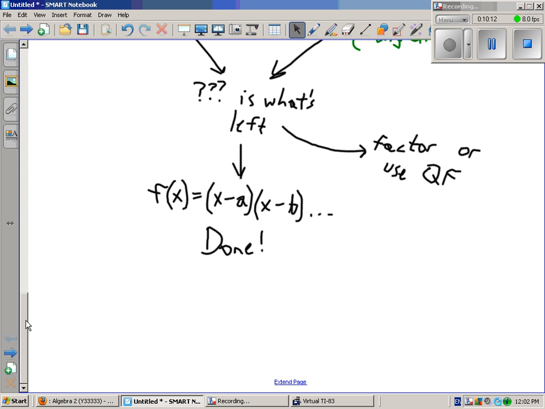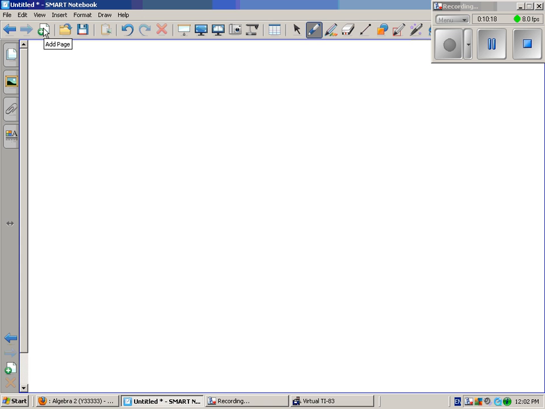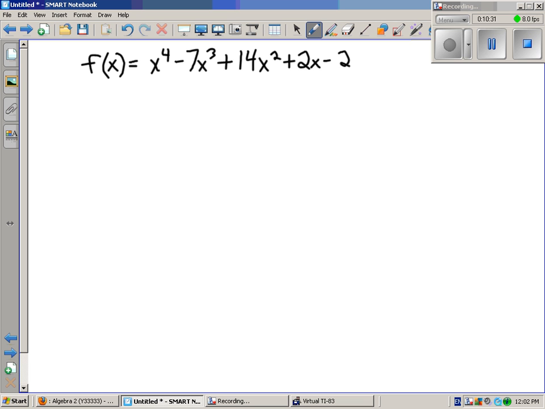So let's try out an example where we are just given an unfactored polynomial and deal with it all the way through. Here's my function. F of x is equal to x to the fourth minus 7x cubed plus 14x squared plus 2x minus 20. First things first, are we given any zeros? The answer is no. So the next thing we need to try is use the rational zeros theorem.